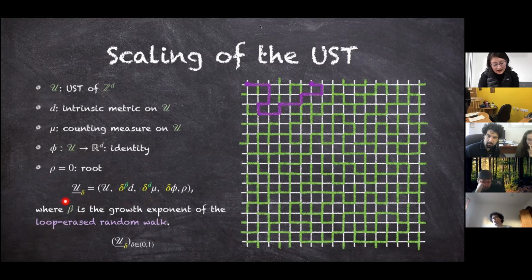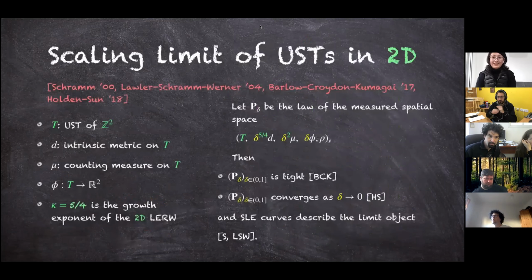So this sequence, the uniform spanning tree at scale delta, as delta goes to 0, are the elements that I want to study that correspond to taking the scaling limits of my model. And this is what we know in two dimensions. This is the work of a lot of people starting with the breakthrough of Schramm in 2000 when he defined SLE.